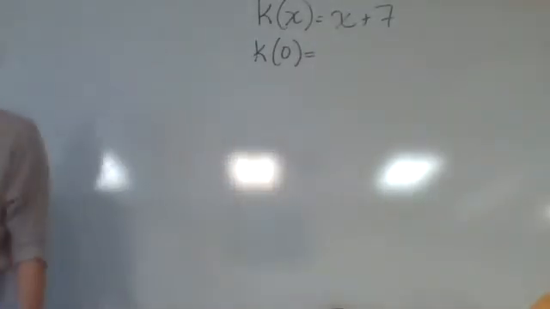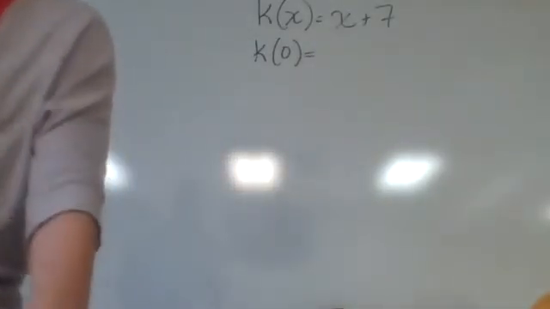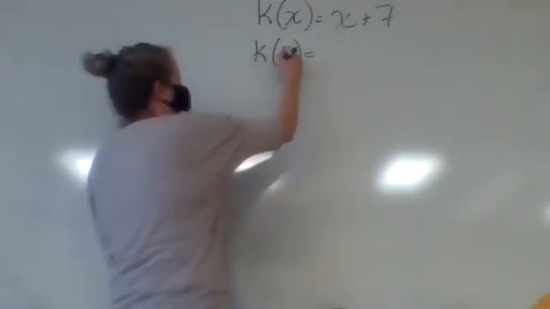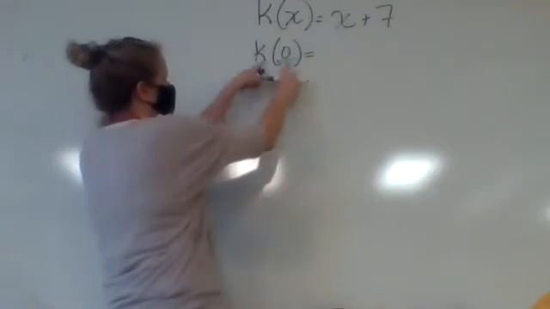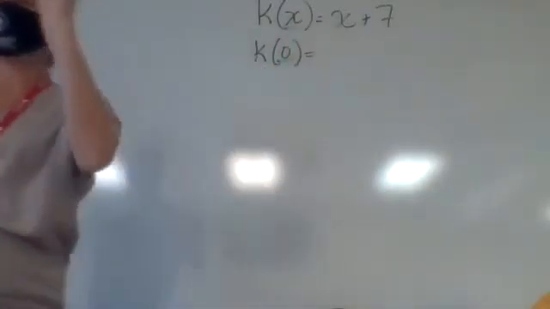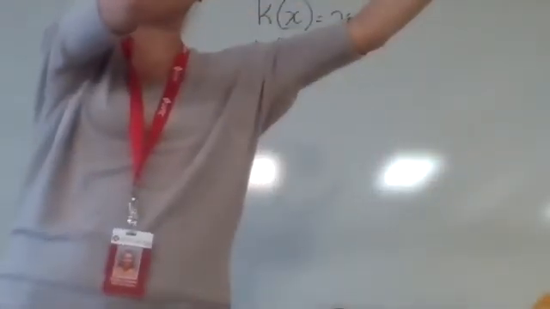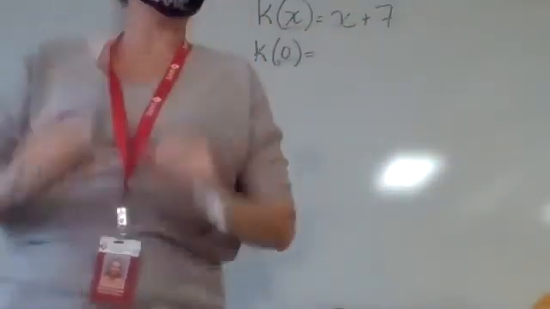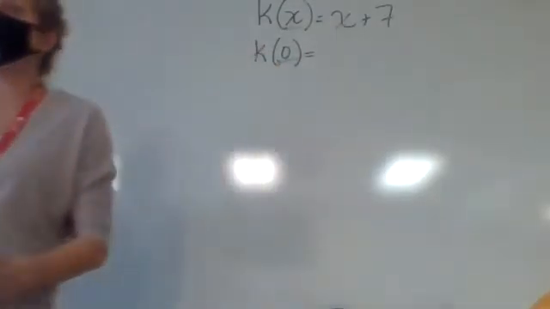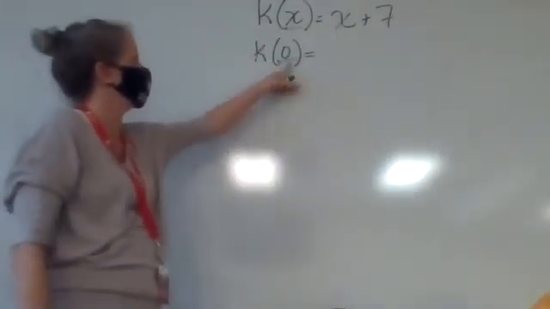So all you're going to do every single time is look at whatever is in here. What did this replace from here to here? It replaced the x, right? Which means we're going to replace the x in the function with whatever number is in those parentheses and then do the math.